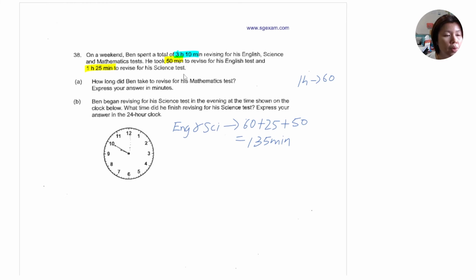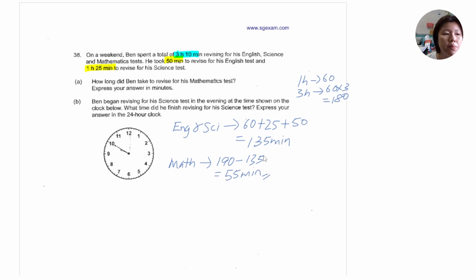So total time is 3 hours. 3 hours is 60 times 3 equals 180. 180 plus 10 is 190. So for math is 190 minus 135 minutes, which will give you 55 minutes.